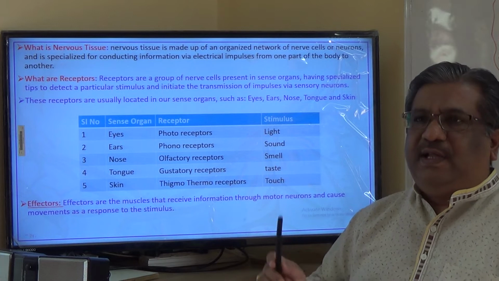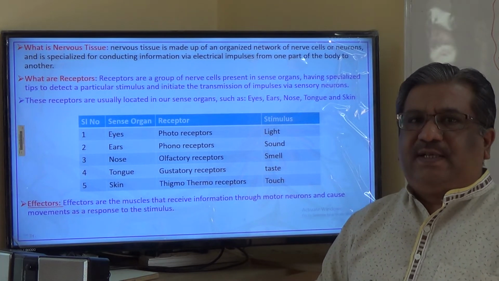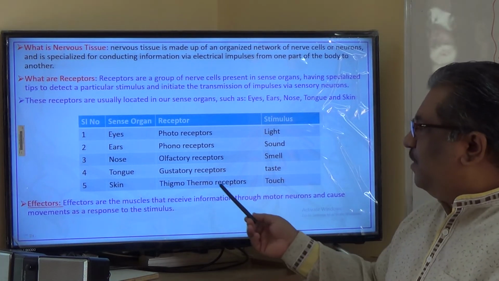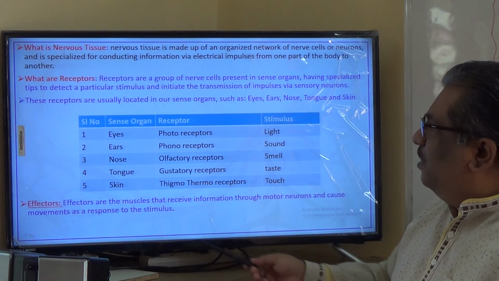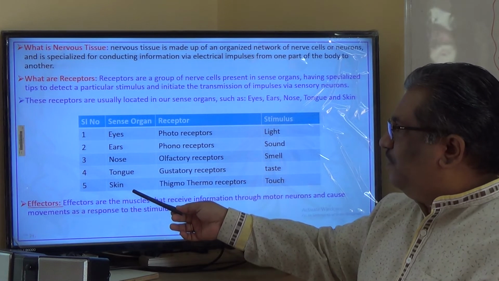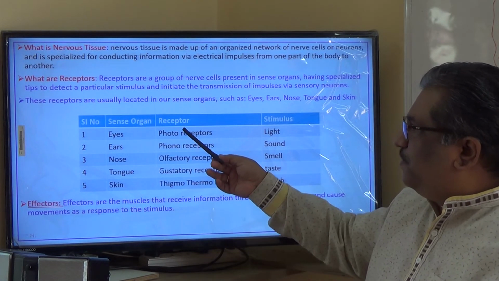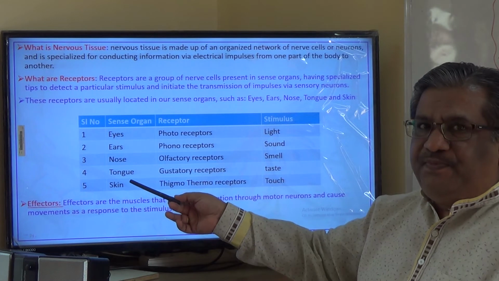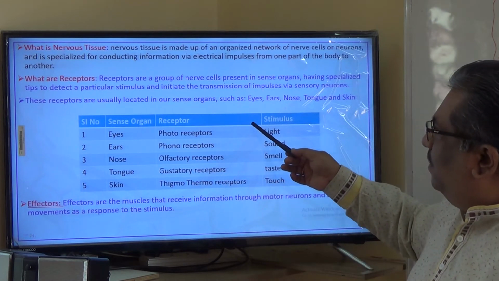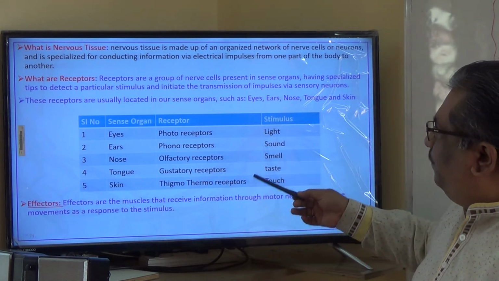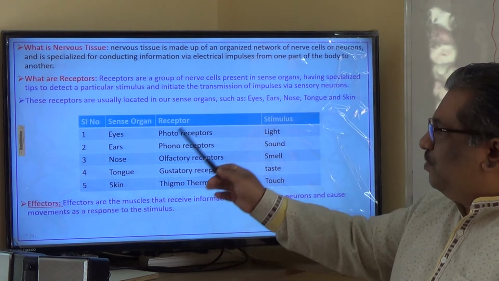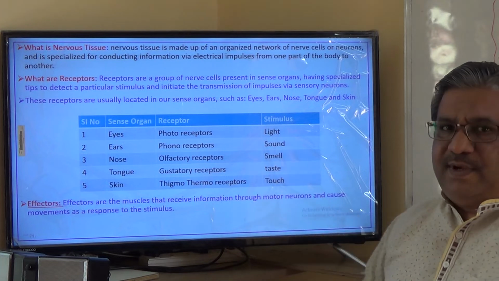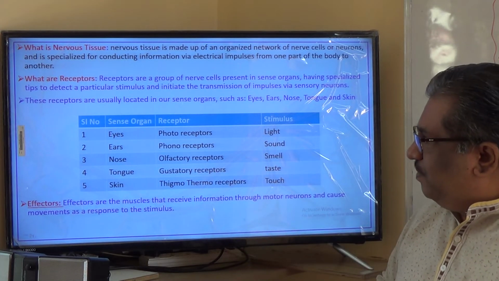The degree of hotness and coldness is sensed by the thermoreceptors present in the skin. So these are the different sense organs, the names of the receptors present in them, and the stimuli they are sensitive to. Note down this paragraph and this table also.